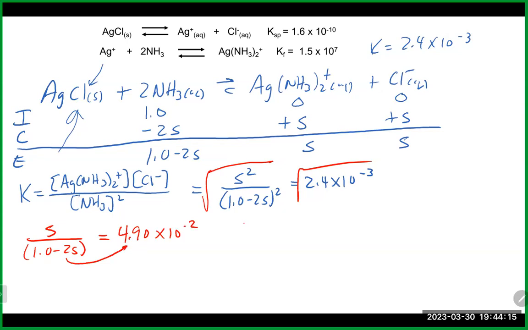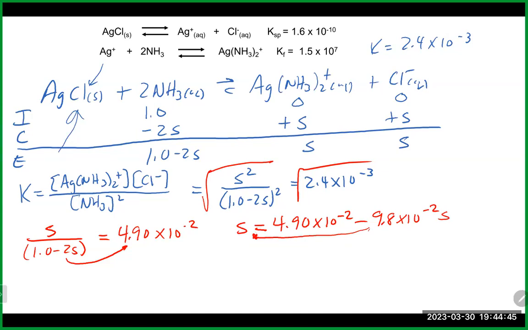And that would get us S is equal to 4.90 times 10 to the minus 2 times (1 minus 2S), which is 4.90 times 10 to the minus 2 minus 9.8 times 10 to the minus 2 S. We're going to combine our S's, so I'm going to bring my S back to this side.